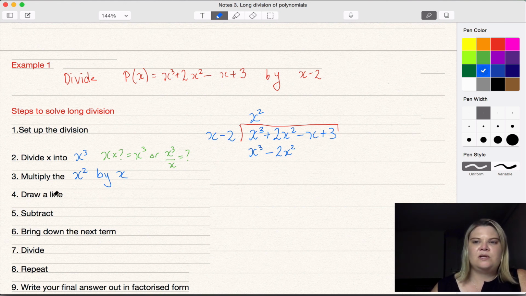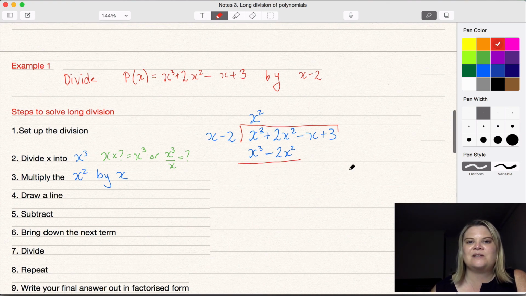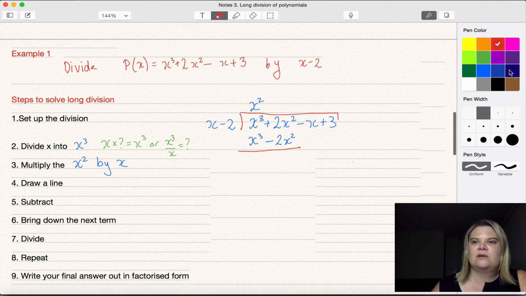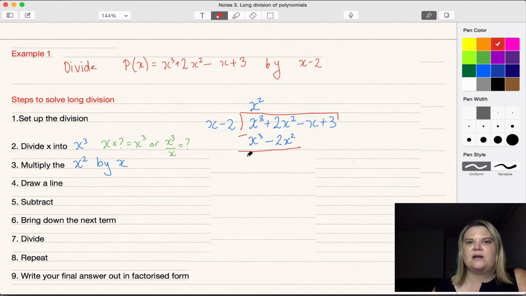Once you've done that step, you need to draw a line. It can be useful to have a different color at this point. Draw a line straight under here. This is going to be quite a lengthy process, so you will need enough room on your page to get through it all. Next, subtract. Really important to put your subtraction sign in there. Lots of people forget it and then they get confused and they get the wrong answer.